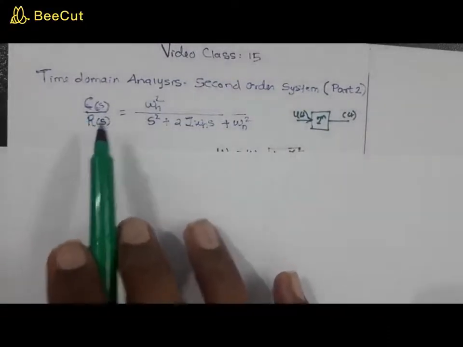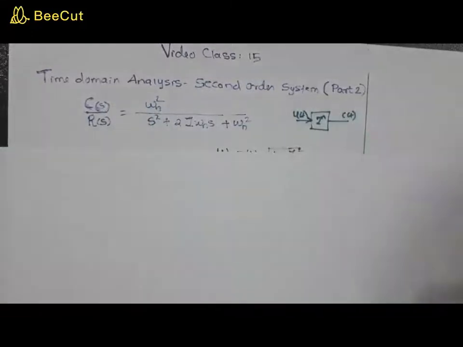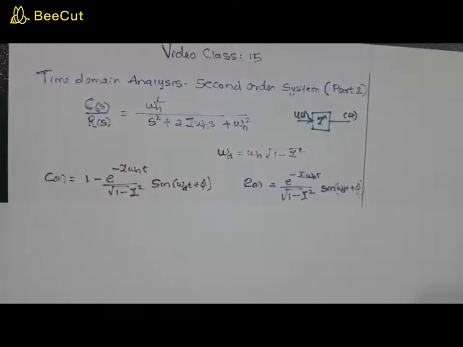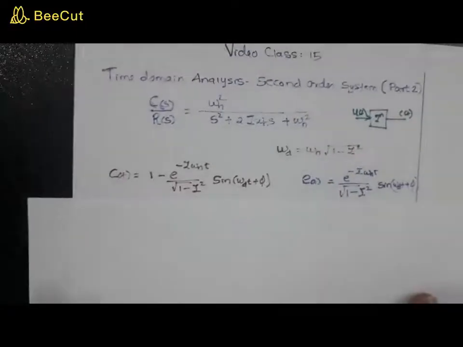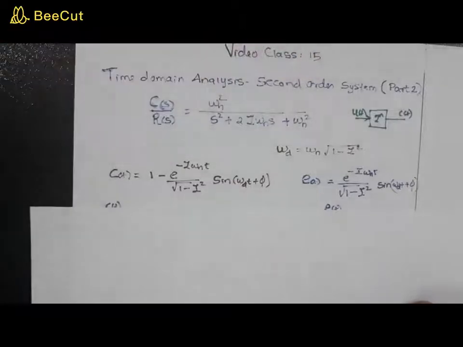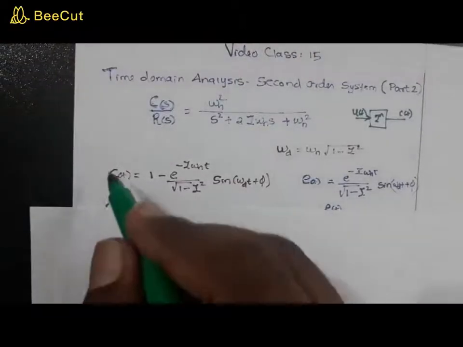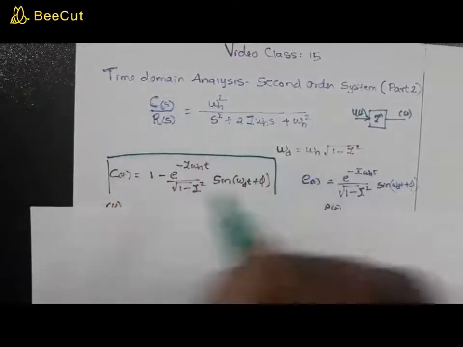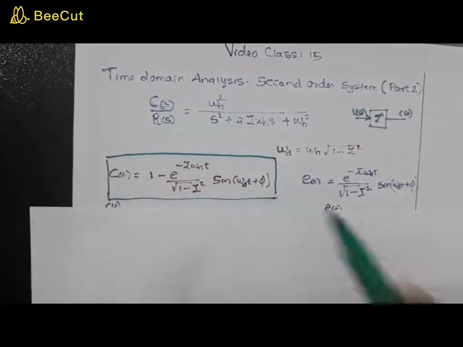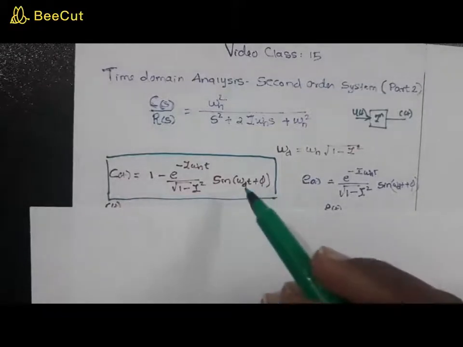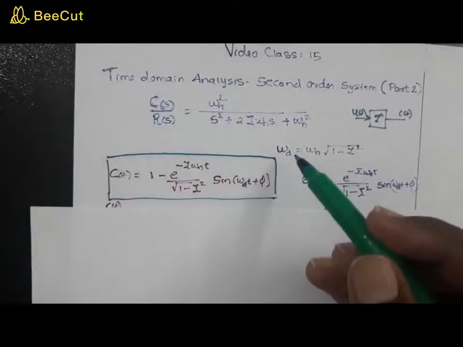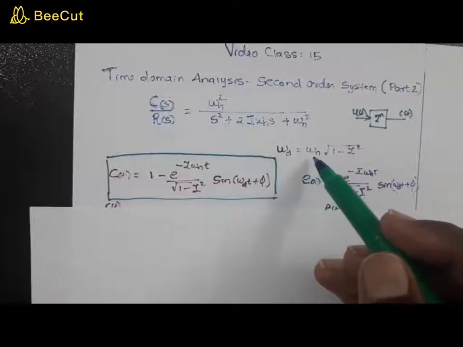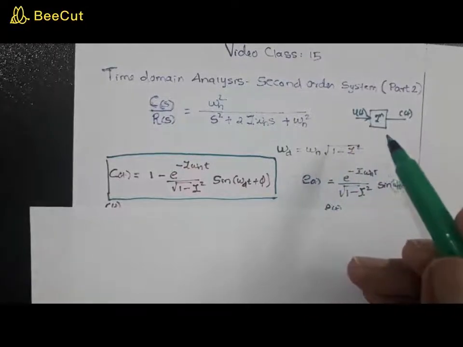Instead of r of s, we put 1 by s, and we continued our derivation and arrived at a result like this: c of t is equal to 1 minus e raised to minus zeta omega n t divided by root of 1 minus zeta square, the whole into sine of omega d t plus phi, right? So we went on to define another term called the damped frequency of oscillation, which is given by omega n into root of 1 minus zeta square.